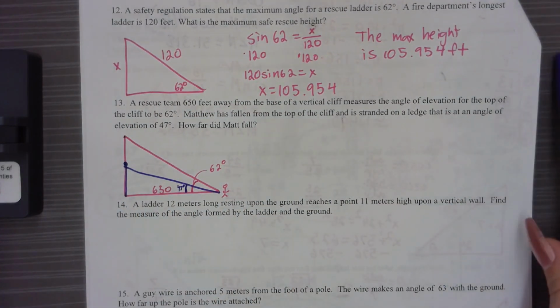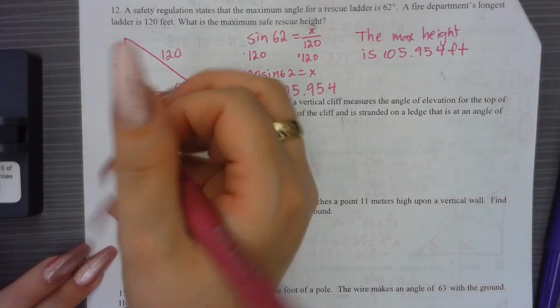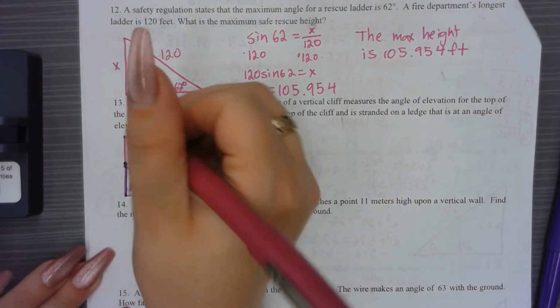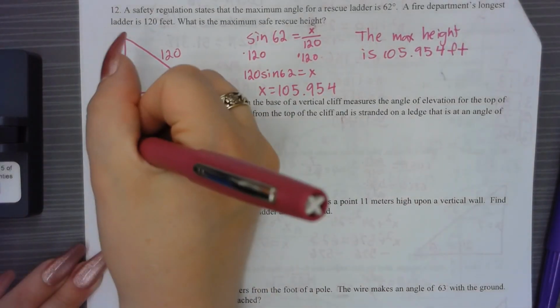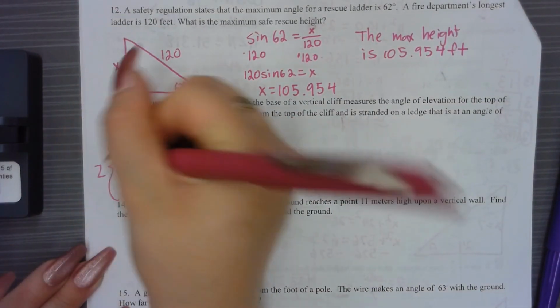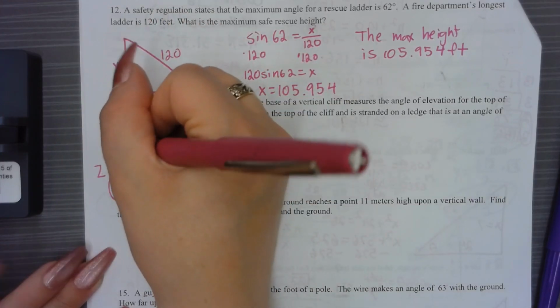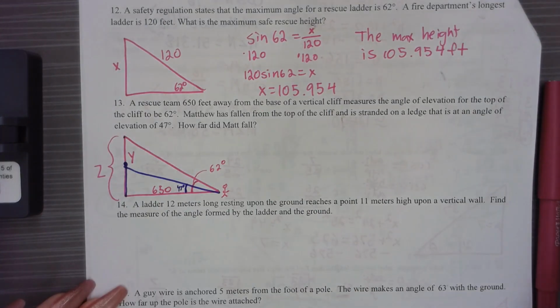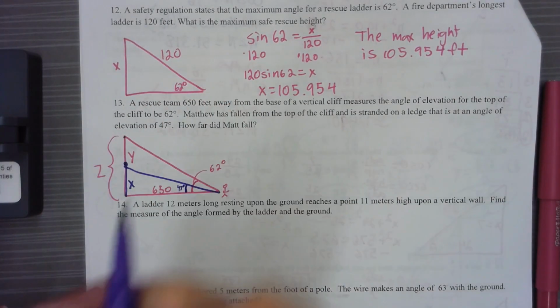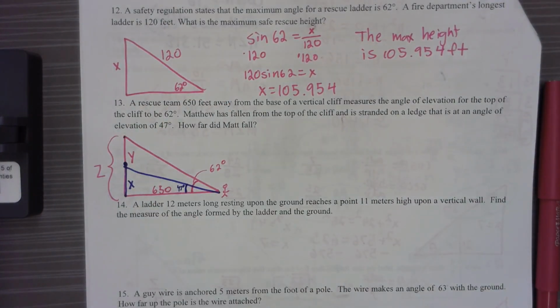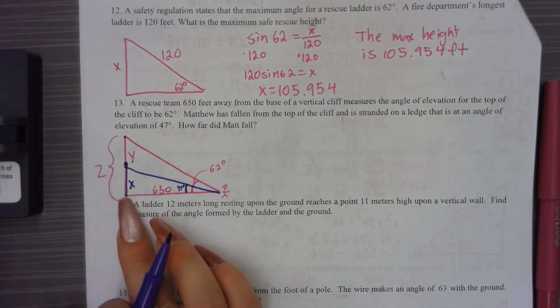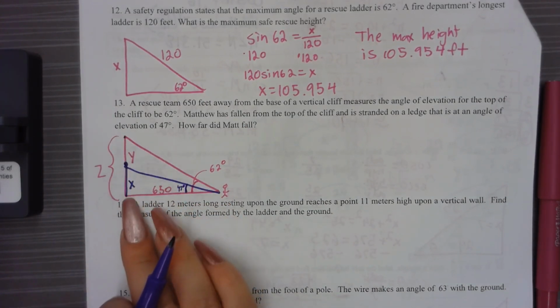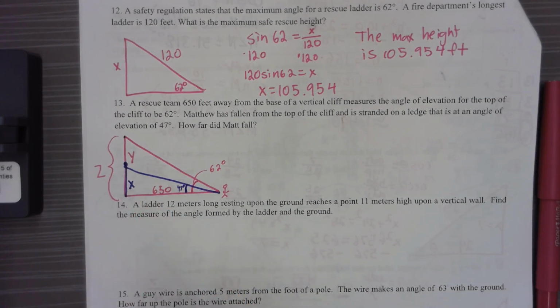Okay, so we're going to call the whole length Z. We know that this length right here, that's how far he's fallen, we'll call that Y, and then we'll call this little length X. Okay, so we have a lot of things we need to figure out. We need to figure out the total length, and then we need to figure out how much he has left, and then we need to subtract them.